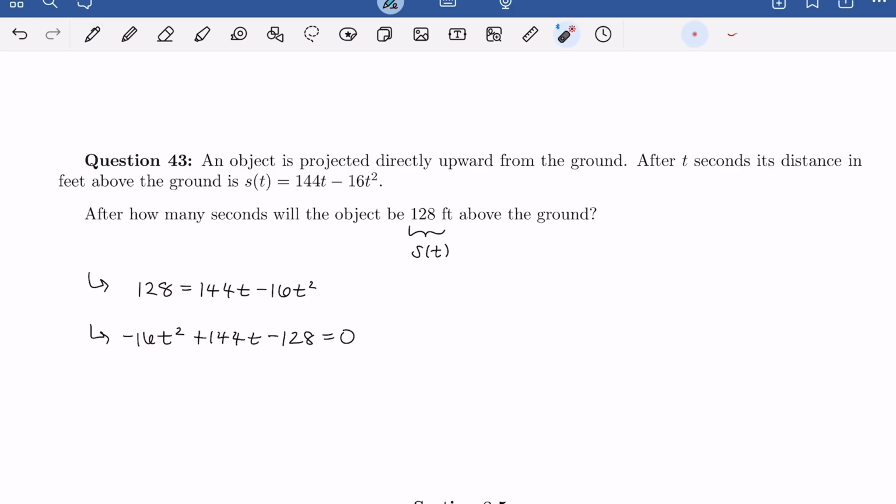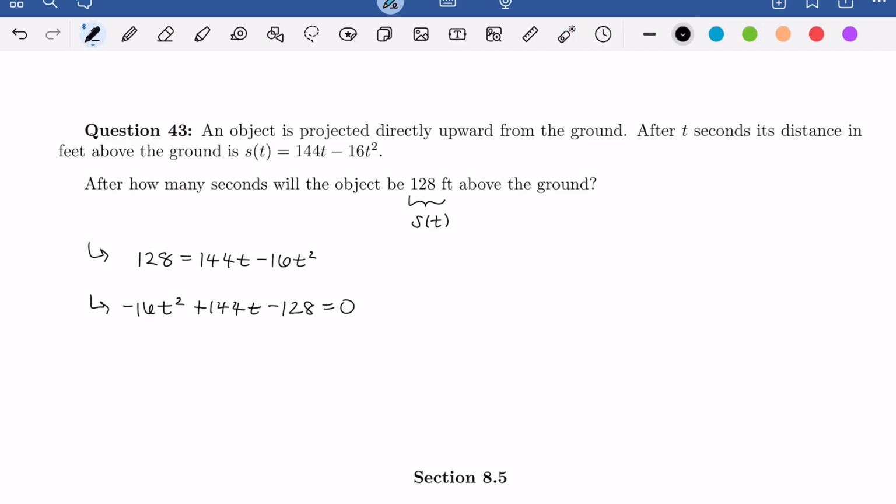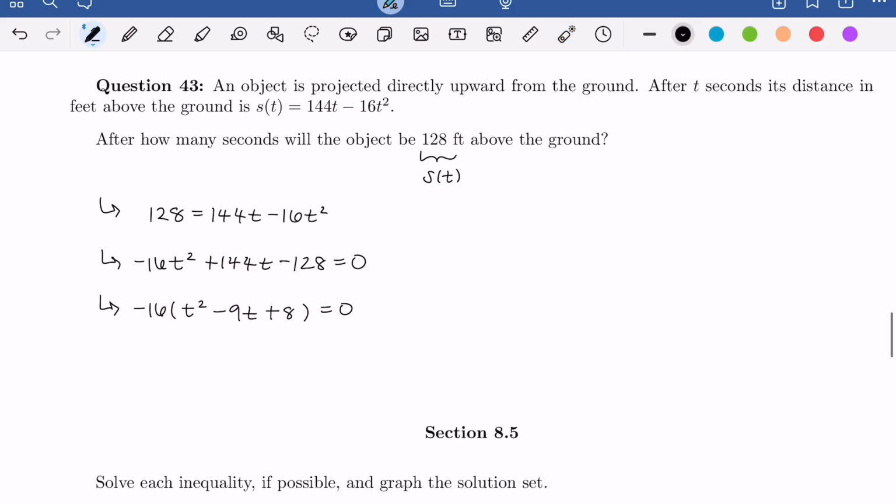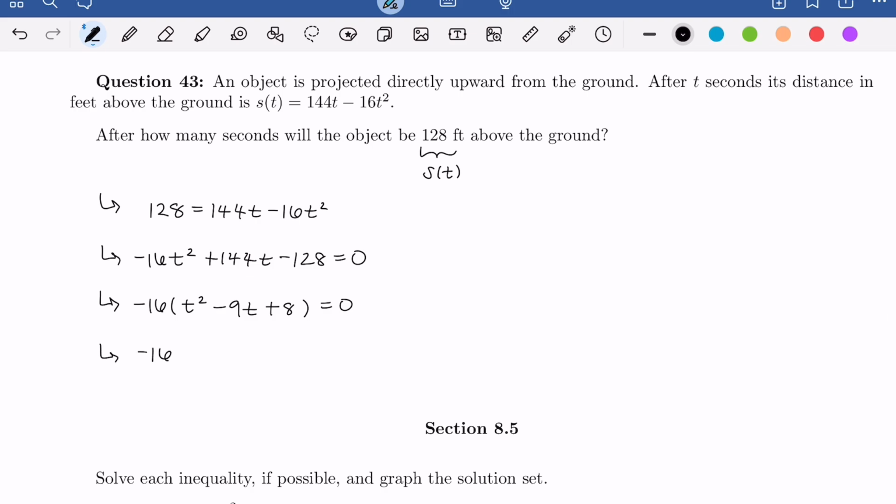All of these guys share a factor of negative 16. So we're going to pull out the negative 16. We're going to be left with t squared minus 9t plus 8, and this will be equal to 0. So now this guy becomes much easier to factor. We're going to have this negative 16 on the outside, and then we're going to have t minus 8 times t minus 1.